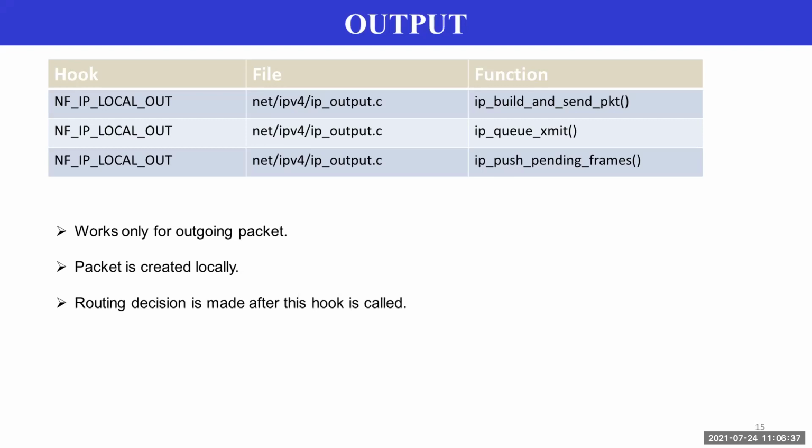In all three paths, this local out hook point is there, so that each and every packet going out from your machine goes through local out. This is obviously for the outgoing packet. The main point is the packet must originate in your machine, and this is called before the routing decision is made.